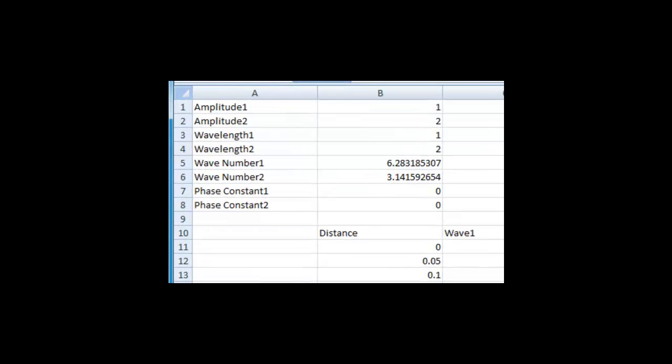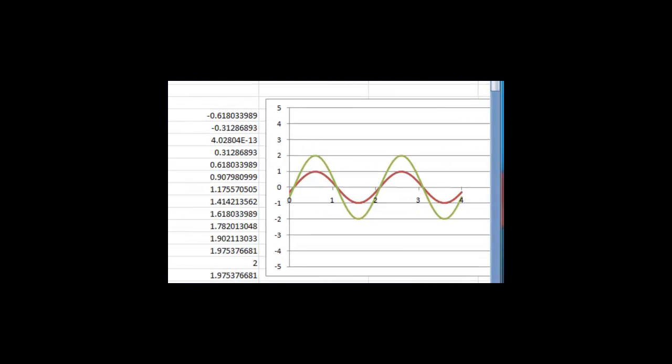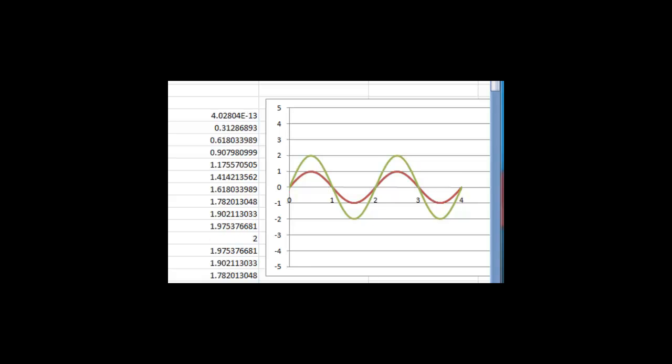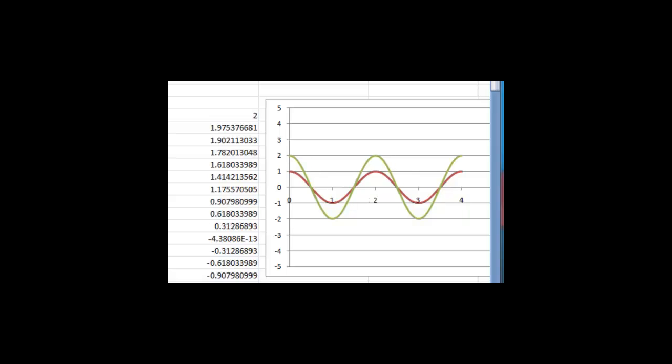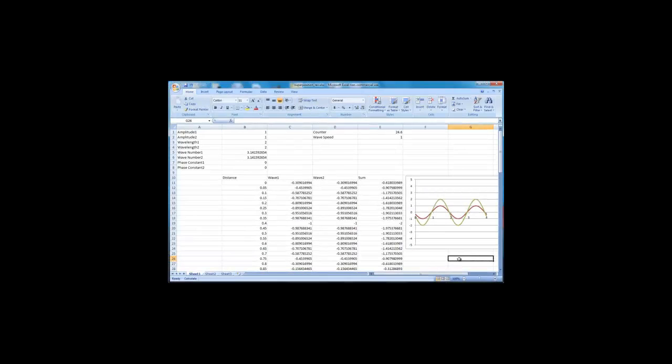Now set the wavelength of wave 1 to 2 and the amplitude of wave 2 to 1. Notice that when we increment the time, both waves travel together and are exactly in sync. Let's change the phase constant of wave 1 to pi over 3 and observe what happens.